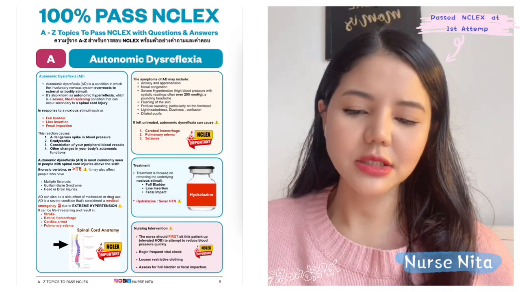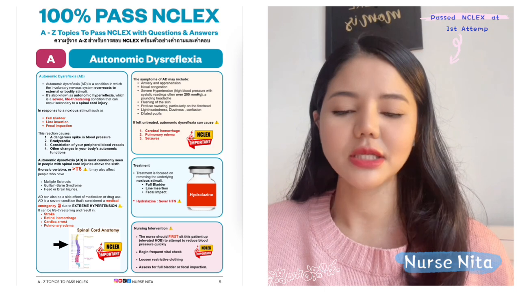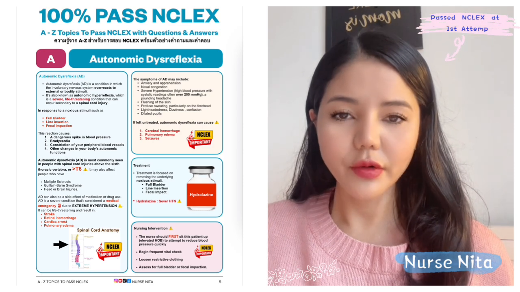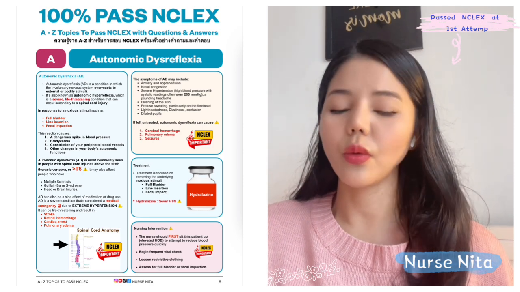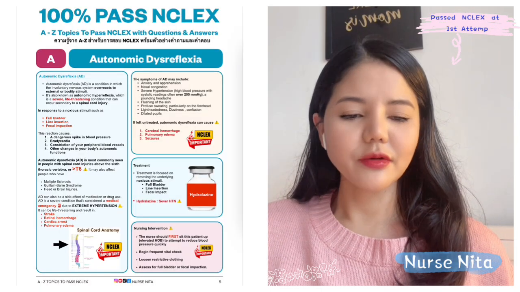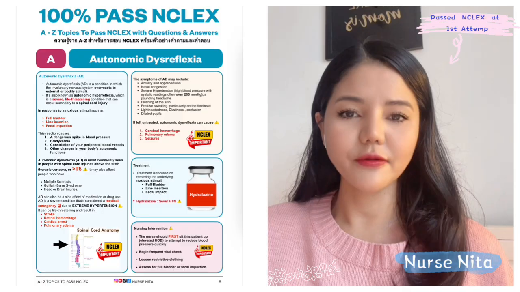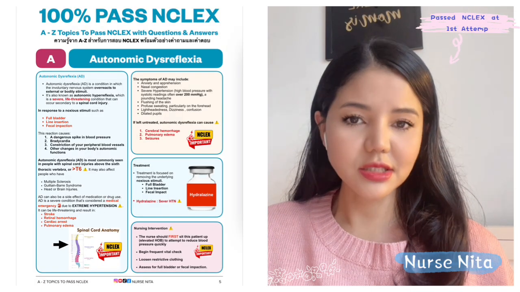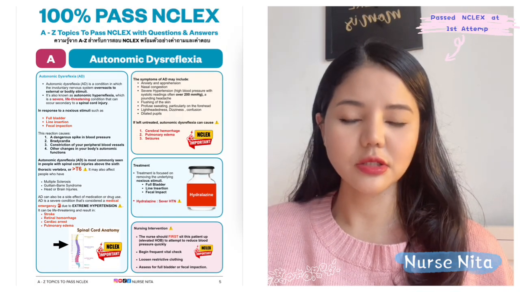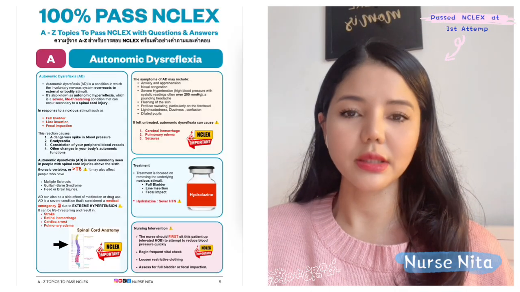Autonomic dysreflexia is a condition in which the involuntary nervous system overreacts to external or bodily stimuli. It is also known as autonomic hyperreflexia, a severe, life-threatening condition that can occur secondary to spinal cord injury.